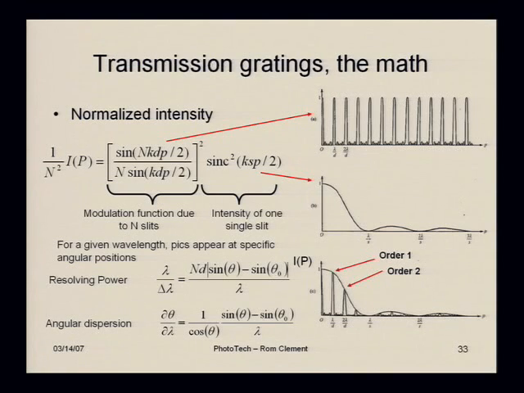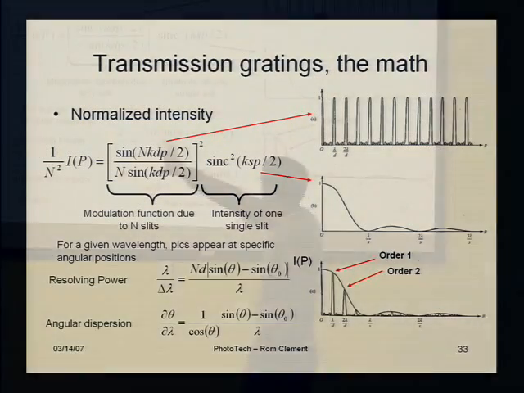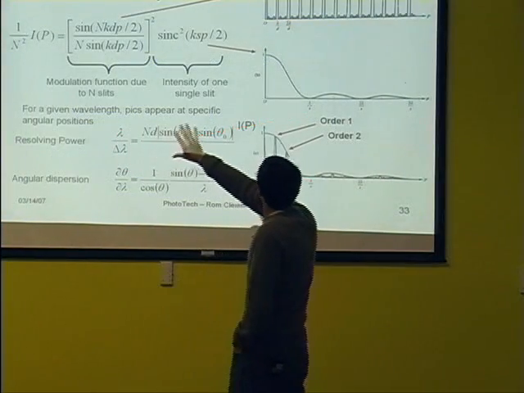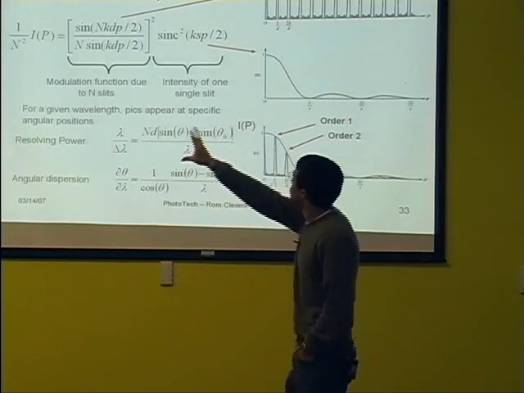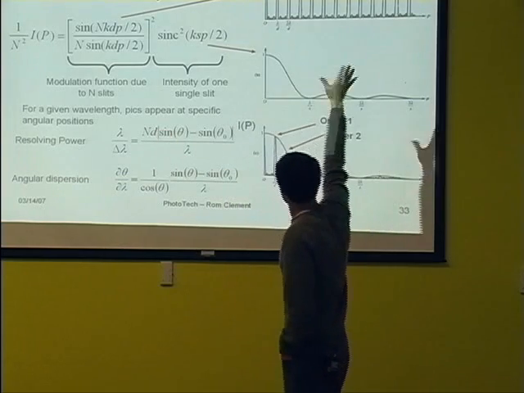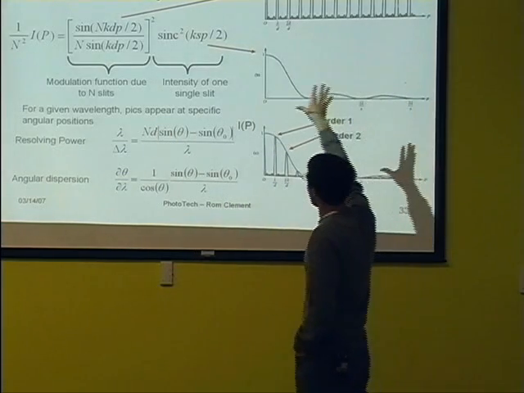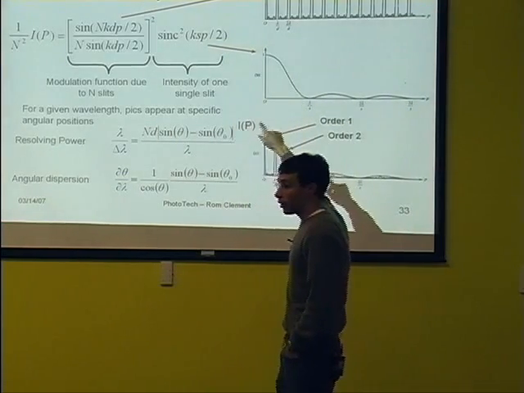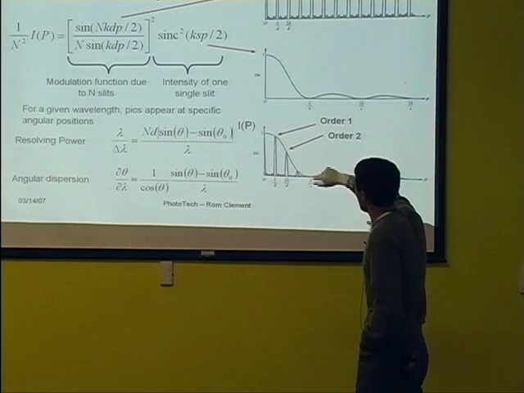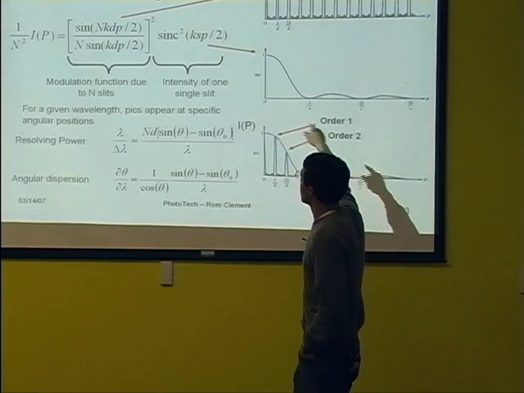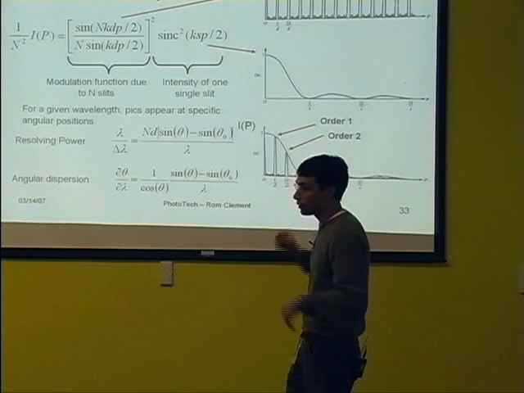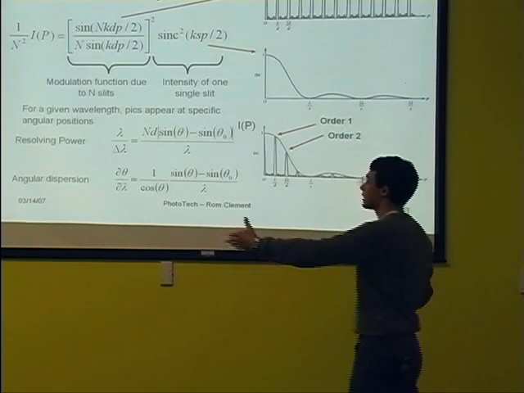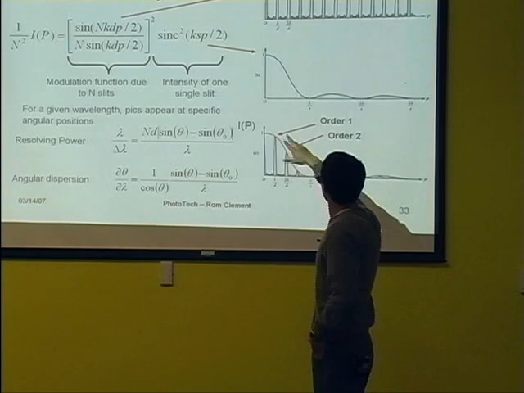I've just copied the previous formula. So I have one function, which is due to my n slots and has this shape, times the initial profile of the slot, which is a rectangular aperture with a very long width versus height.